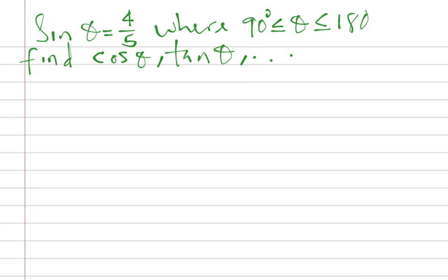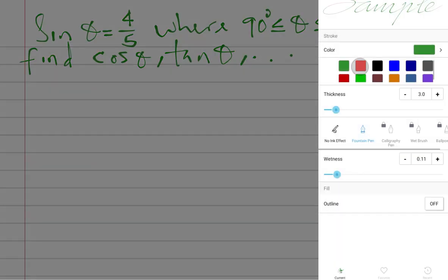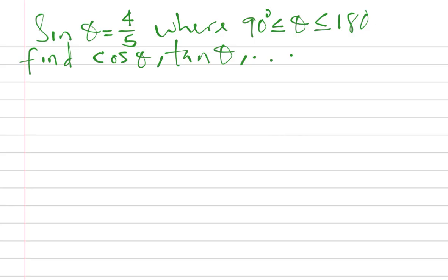Now, how do you do this? It's very simple. You are given sine theta equal to 4 over 5. What does sine theta imply? We know that sine is opposite over hypotenuse. So this is my opposite, and this is my hypotenuse.